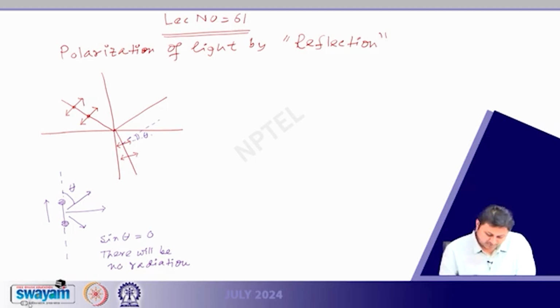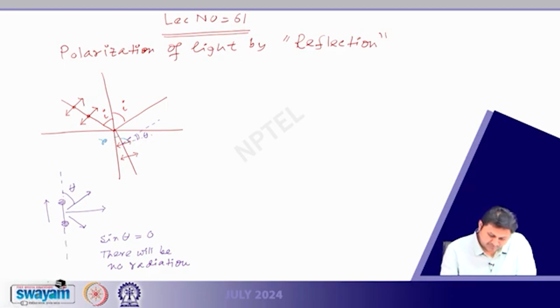Now, to understand what this theta is in terms of the initial angle, suppose this is my I. So this angle will be I, then say this is my R, and this total angle is 90 degrees.